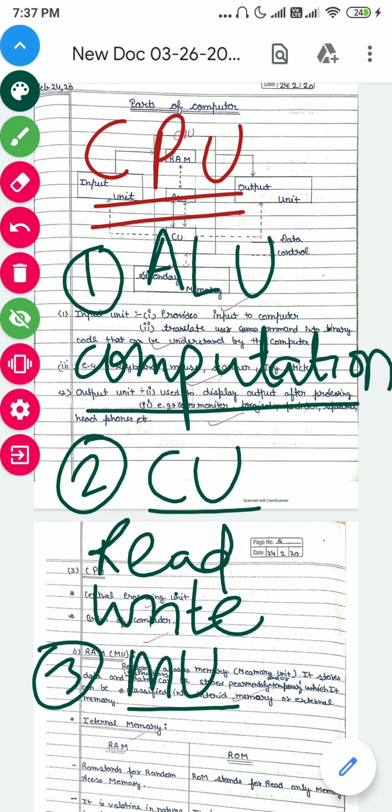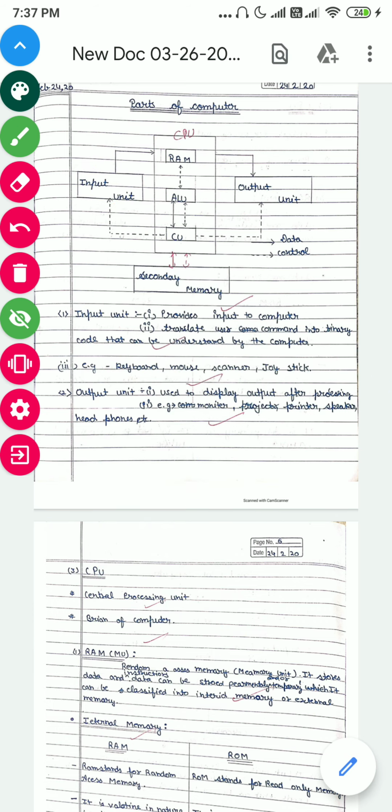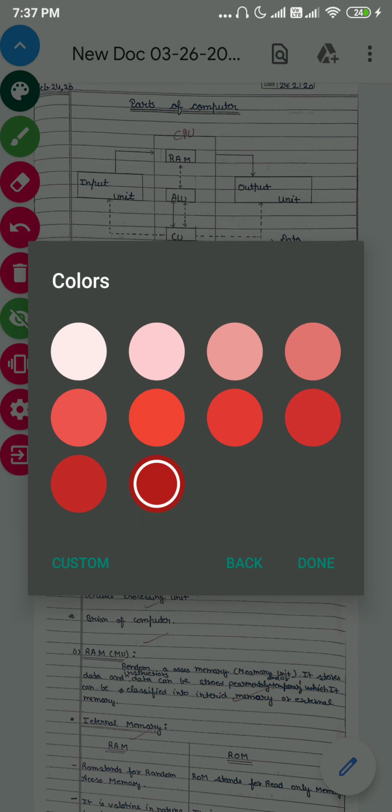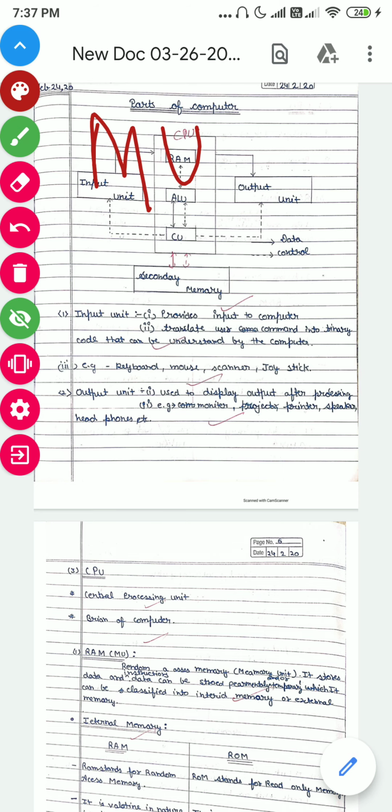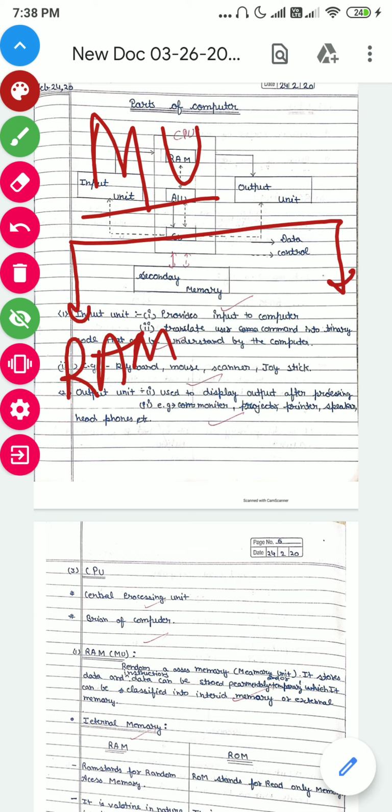Third is the memory unit. Now we all know what the memory unit does. The memory unit consists of two things, RAM and ROM. What is RAM, class? RAM stands for random access memory.